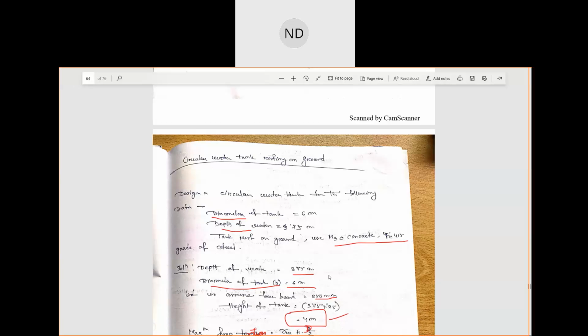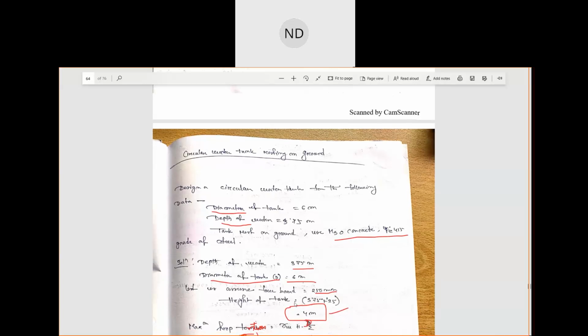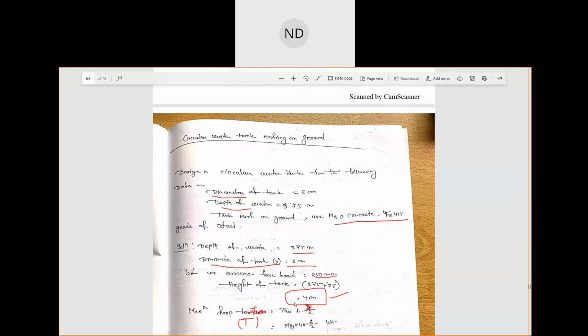The given things are depth of the water 3.75 meter, diameter of the water tank 6 meter, then we have the M20 grade of concrete and Fe415 grade of steel we are using. We know that we have to take some freeboard in a water tank.